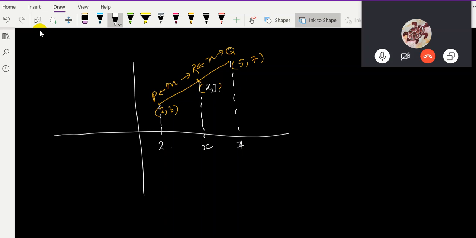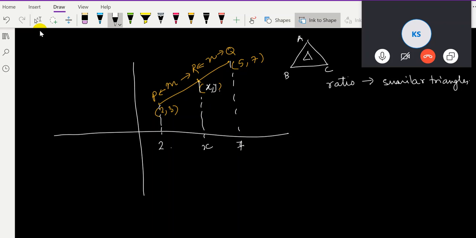Since I'm given a ratio, I have to use the concept of similar triangles. Do you know this concept? Yes, I do. Okay. So if I have two triangles ABC and DEF with the same angles, then their corresponding sides are proportional.